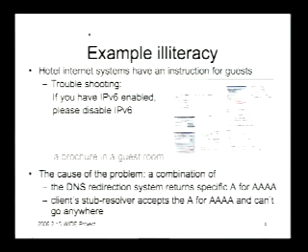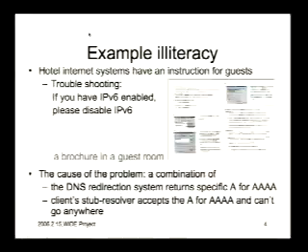The cause of the problem was a combination of two factors, we suppose. One is that the DNS redirection system always returns a specific A resource record for any kind of AAAA queries. And the client stub resolver accepts the A for AAAA and can't go anywhere.